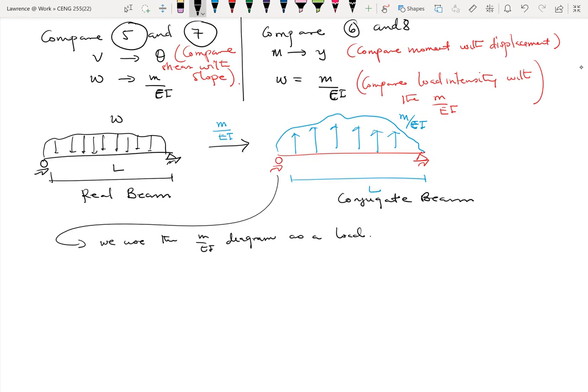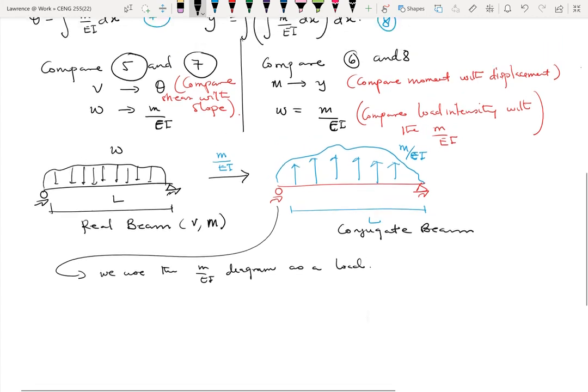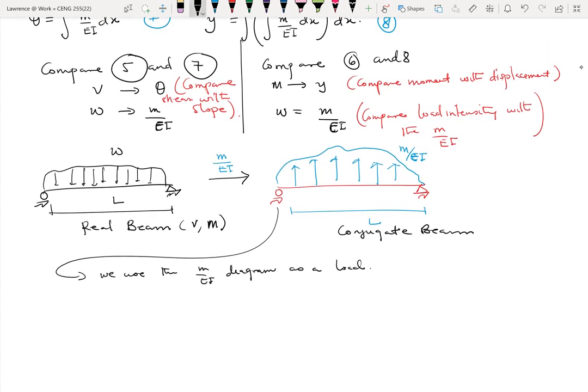And what this does for us is that when you compare the two beams, we know that for the real beam, we mostly will find shear and then find bending moment. But for the conjugate beam, where we are using the M over EI diagram, we would find the slope and then the deflections.